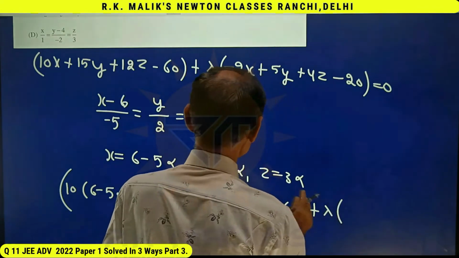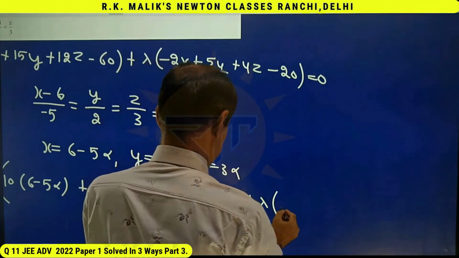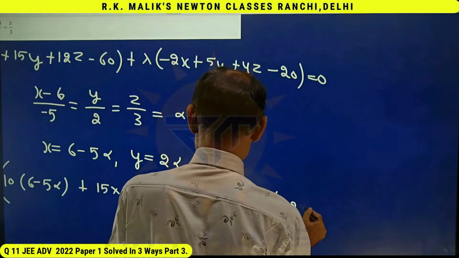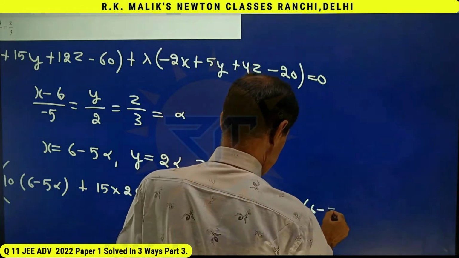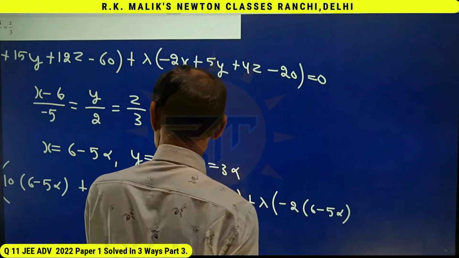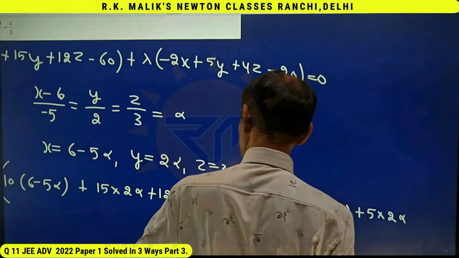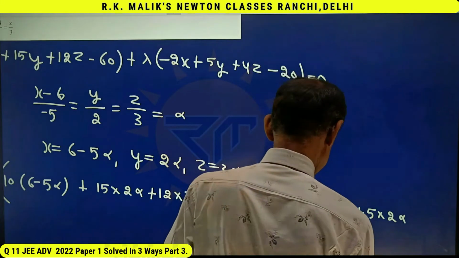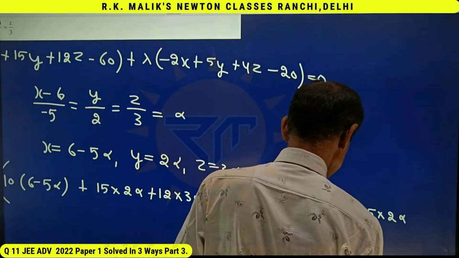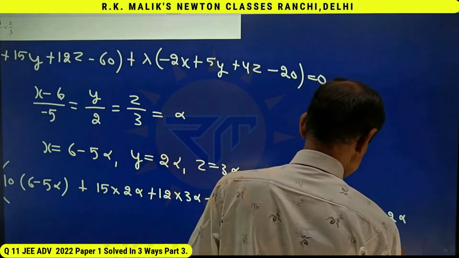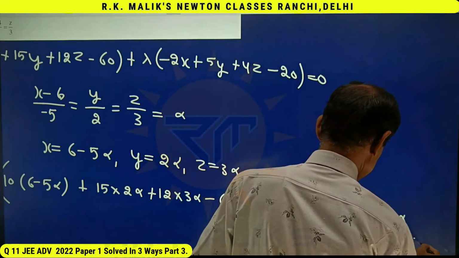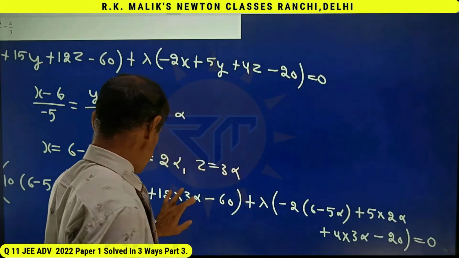plus lambda into minus 2 into 6 minus 5 alpha plus 5 into 2 alpha plus 4 into 3 alpha minus 20 equal 0.